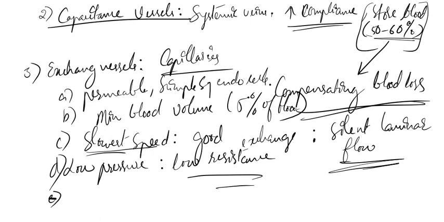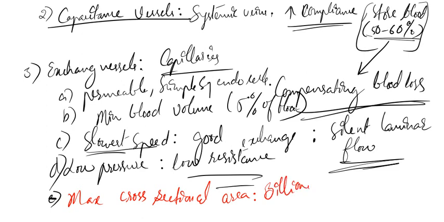These vessels have, I will write in red color, maximum cross sectional area. Why? Because there are billions and billions of capillaries, and hence they are all arranged in a parallel manner.